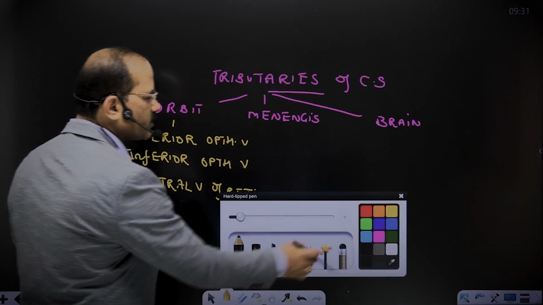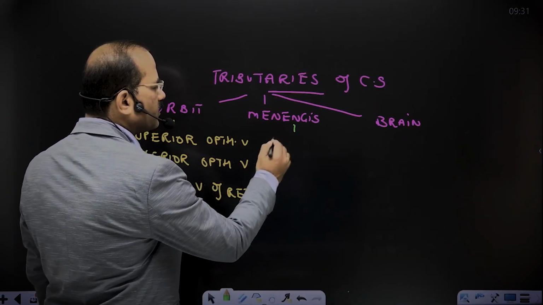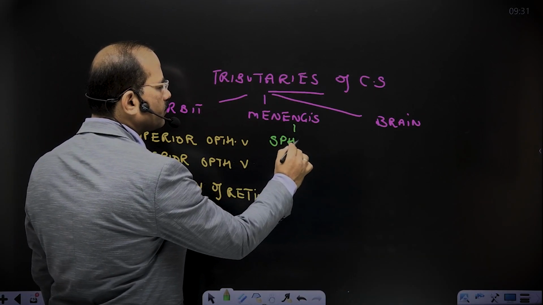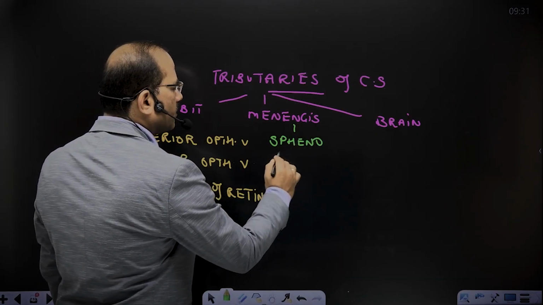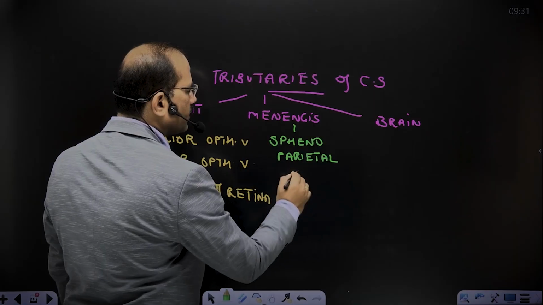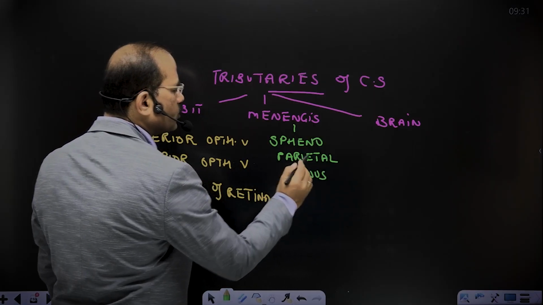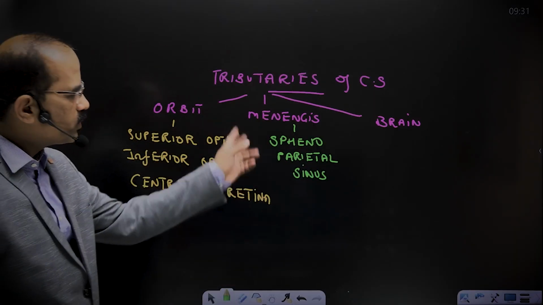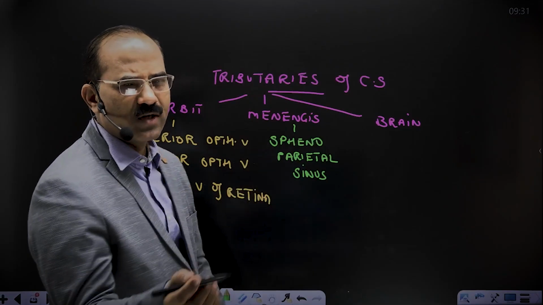From the meninges, what is the vein which comes from the meninges? There is a sphenoparietal sinus. That is the one which comes from the meninges, right? And what is the one which comes from the brain? There are two veins which come from the brain.